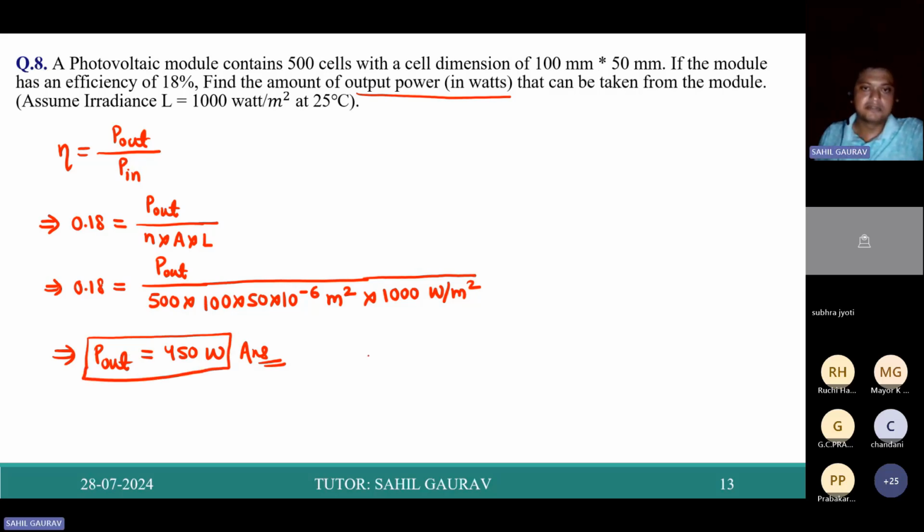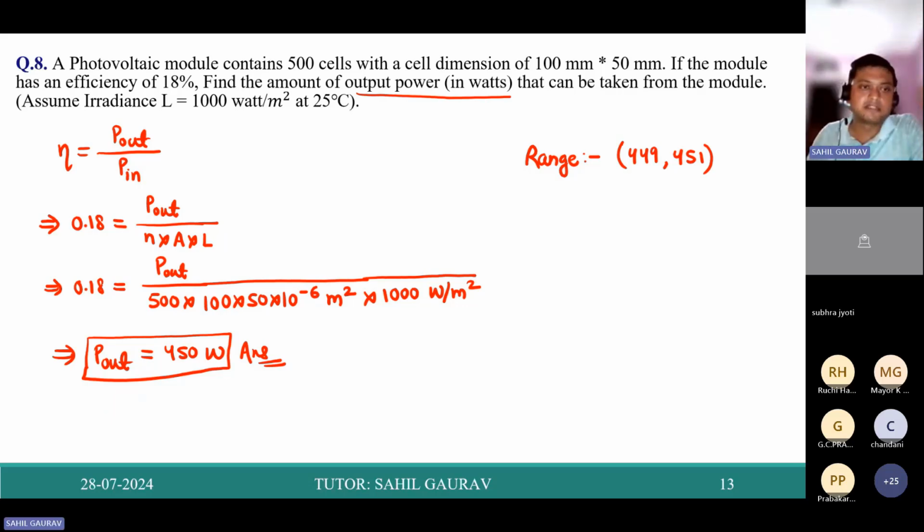So the range for this problem is given as, if you type the answer in this range, then you will get the marks, that is 449 to 451. So the correct answer for this problem is 451.